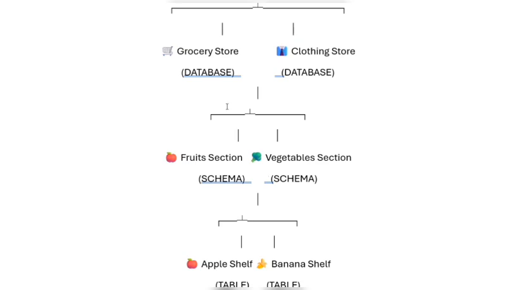Let's go to the grocery store. Inside the grocery store, there are sections like a fruit section, a vegetable section, and a snack section. All the sections are organized in the grocery store. Same like that, a schema also organizes related tables inside the database.